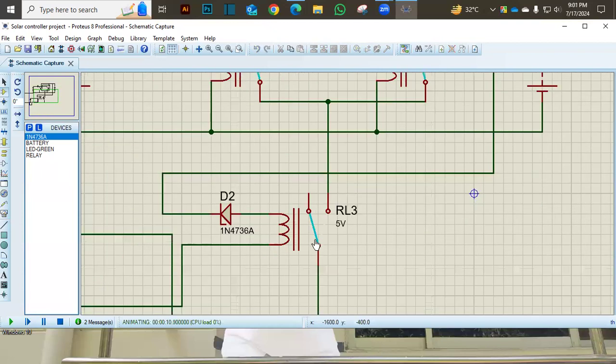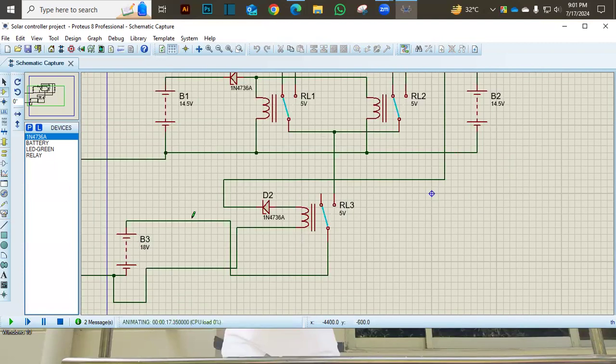In this case, no battery will be charged from the solar panel. Our solar panel terminal will be removed here. You can see easily that this is our output terminal, which is perfectly shifted. So in this case, there is no chance of overcharge.